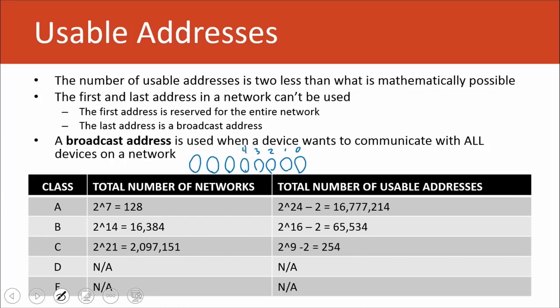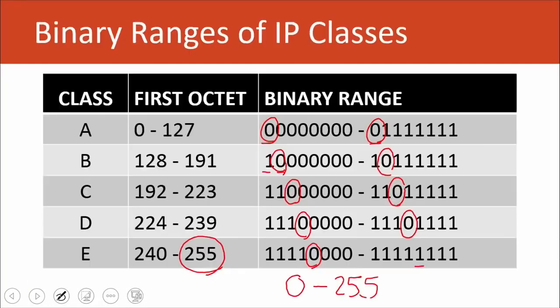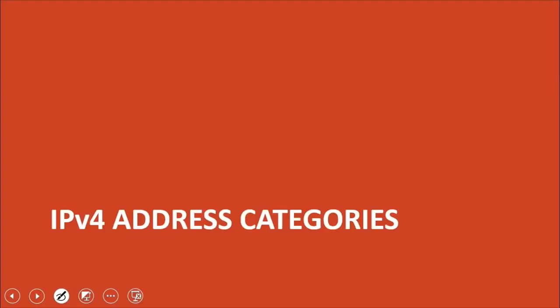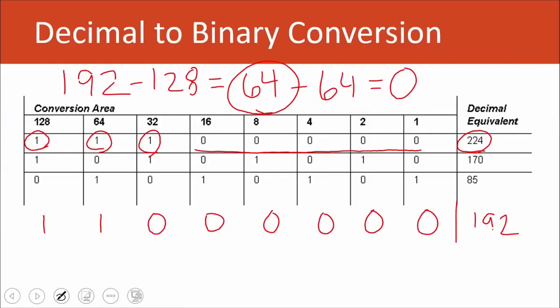And then we have 32, because it's 2 to the 5th power. 2 to the 6th power would give us 64. And then 2 to the 7th power gives us 128. And so if that happened to confuse you, I'm going to go back here just to show you real fast at our decimal to binary conversion slide.